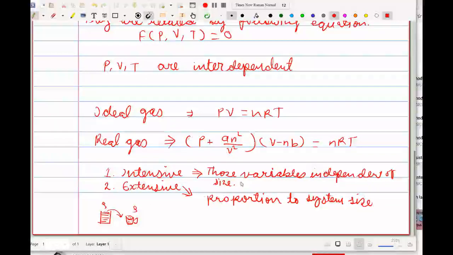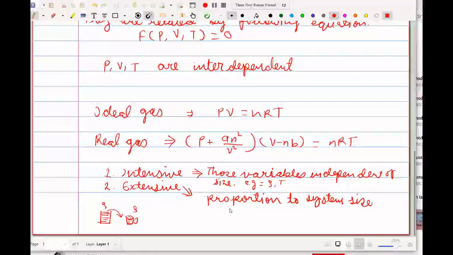So here I can say an example of intensive variables is density. Again, the temperature of this water in the glass is at room temperature. If I pour it here again, the temperature is the same. So the second example is temperature. Temperature and density are not dependent on the size.